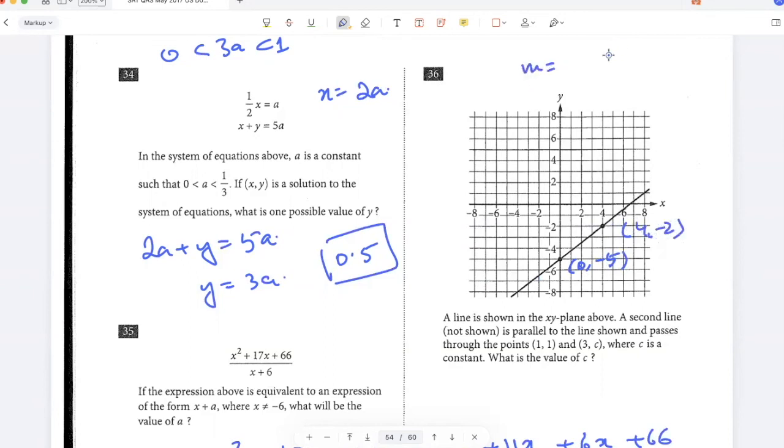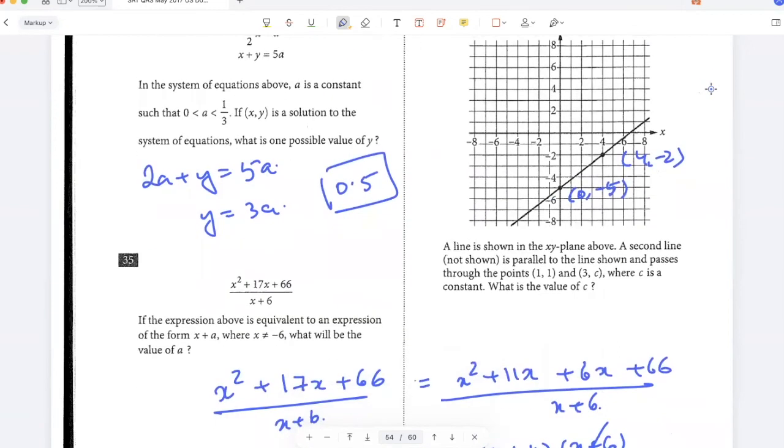So slope here is -2 plus 5 by 4, which is 3 by 4, right? So this line will also have a slope of 3 by 4. So C minus 1 by 3 minus 1, 2 is 3 by 4. So C is 3 by 2 plus 1, so 5 by 2. So the value of C is 5 by 2.